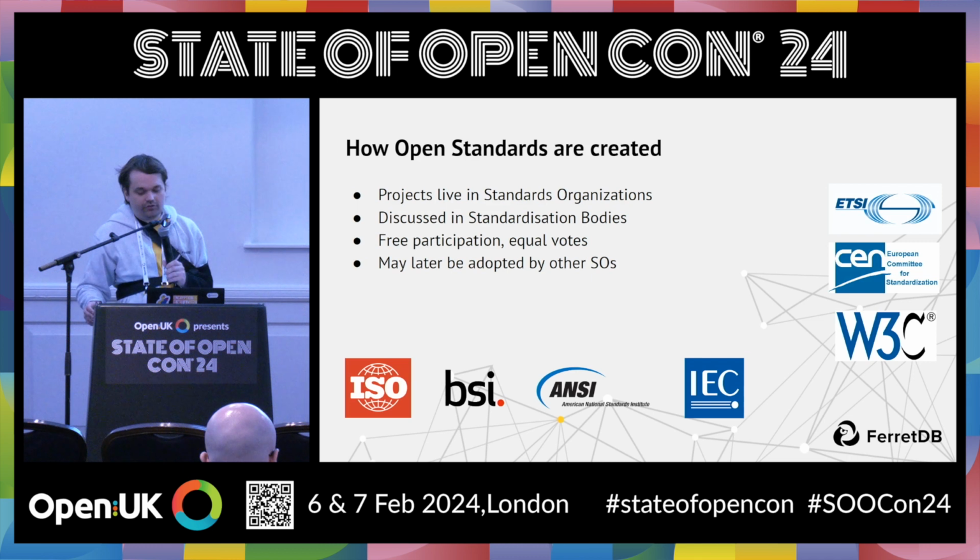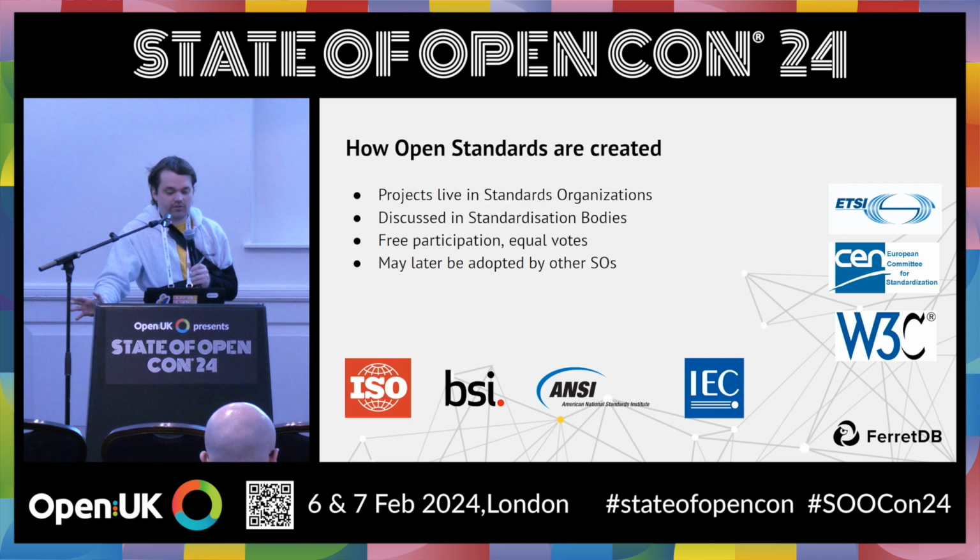And also, as soon as one standardization body accepts it as a standard and releases it, other standardization bodies can accept it as well. So it spreads around the world, and it can become a global standard.